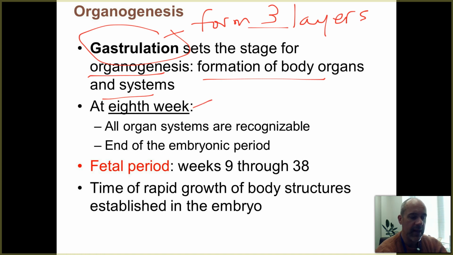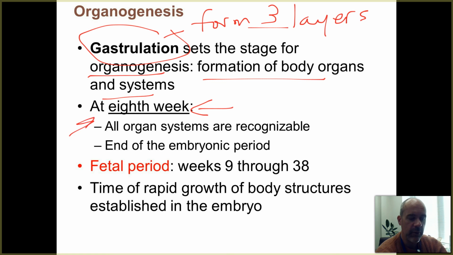Now, by the time you get to the 8th week, 8 weeks of development, if you're thinking about gestation timeline, you're actually at 10 weeks of the pregnancy, or 10 weeks of gestation, because you have to add on those first 2 weeks before ovulation occurred.